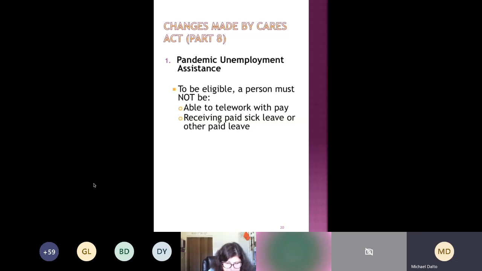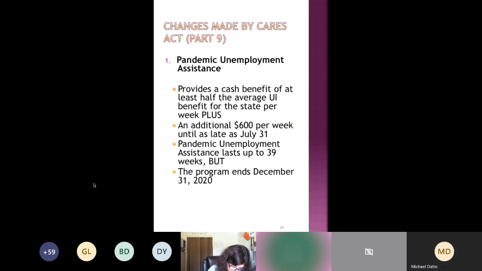They can only earn some of their regular pay by teleworking. Well, that person would be partially unemployed and they could still qualify for pandemic unemployment assistance. Also, what if a person's paid leave runs out? If a person's paid leave stops, at that point, if they met the other criteria, they could qualify for pandemic unemployment assistance.